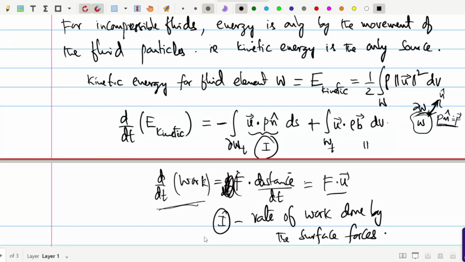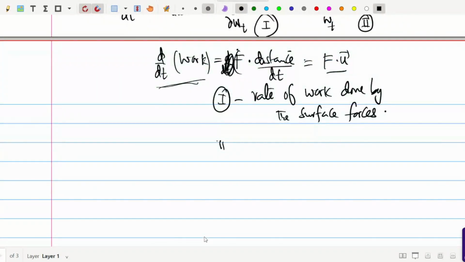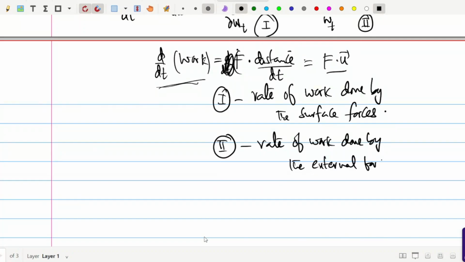So this is your 2. Work 2 is the rate of work done by the external forces. Do you understand?